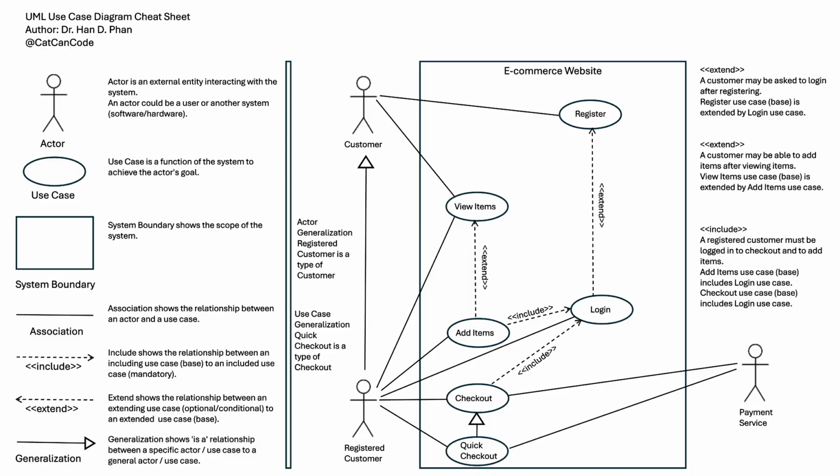And I also clearly indicate the differences between association, include, extend, and generalization relationships. Especially the differences between include and extend are very hard to understand, but I believe with my example, it's very easy for you to see the differences and apply these relationships correctly in your UML use case diagram for your software.